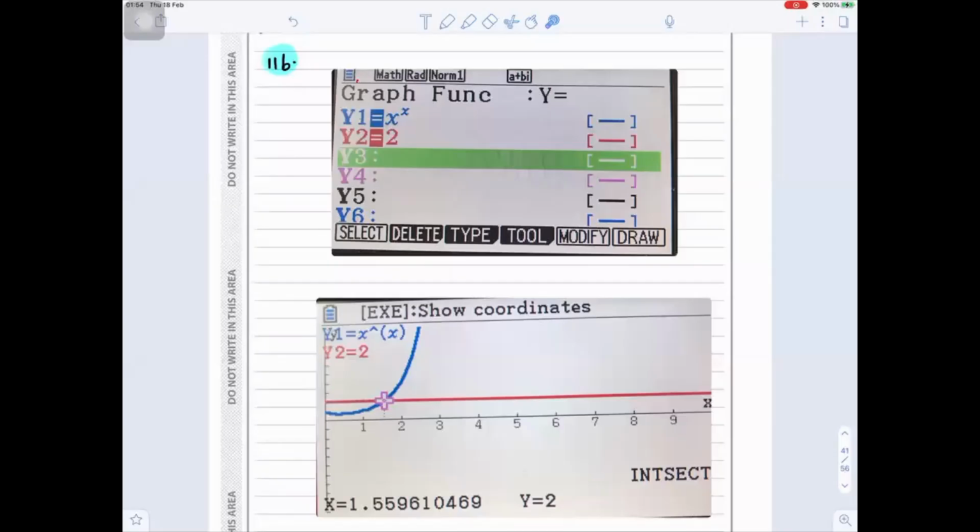And if you plot the graph of y equals x to the power x and the line y equals 2, you see where they meet at 1.559, and that line where y is 2. So that's where they meet. So that helps you check your answer for question 11b.